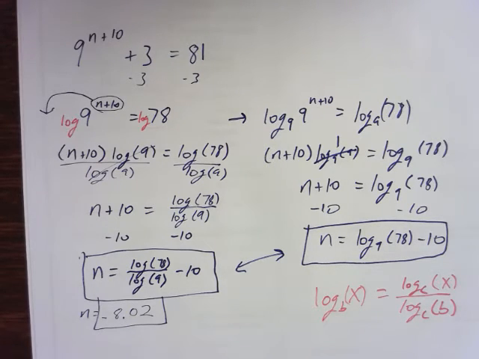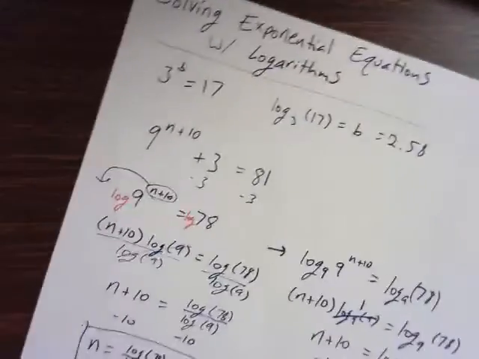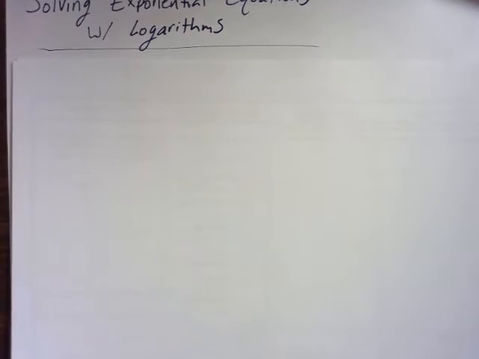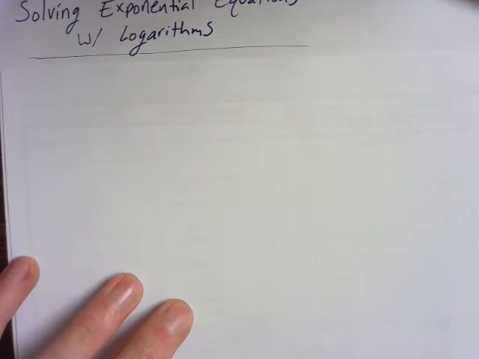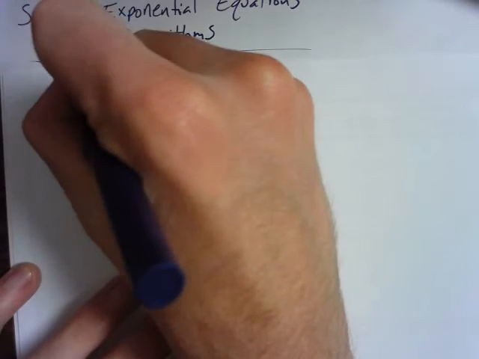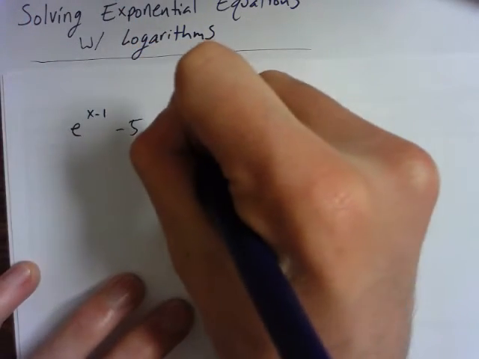All right, let's try one more example. And this time, let's use e to the x minus 1 power minus 5 equals 5.